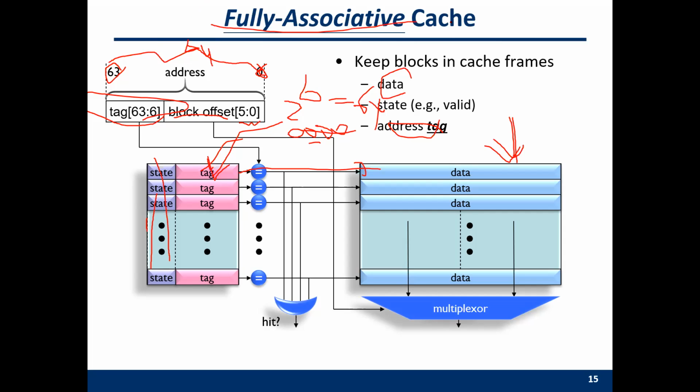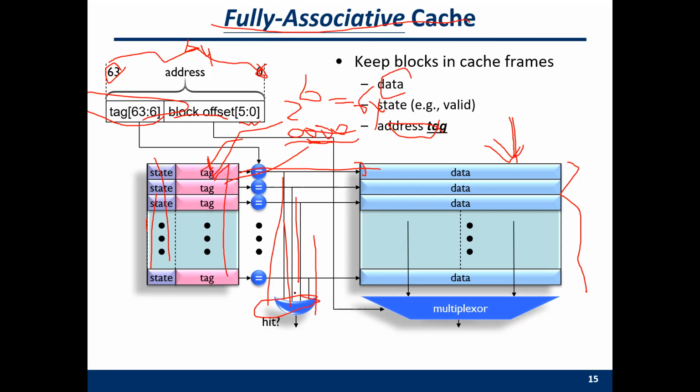For a fully associative cache, I can put the data in all the entries here. Any entry can store any address. So when I have one address and want to do a lookup to see whether this address is actually contained in this cache, I need to compare this address to all the tags simultaneously.